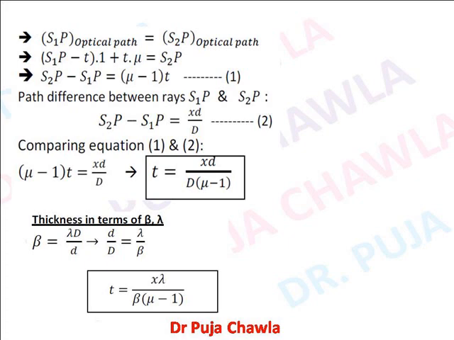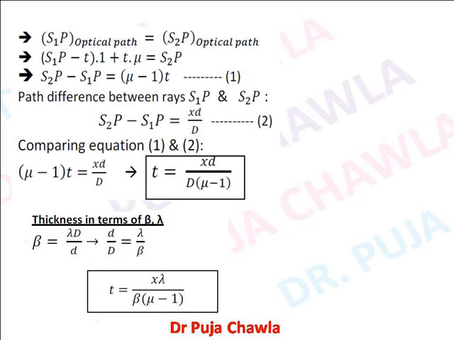Now if you remember, what was P when no film was present? P was the position of the nth bright fringe, that is, the path difference S2P minus S1P in that case was xd by capital D. The path difference formula is xd by capital D. Now if we equate equation number 1 and equation number 2, we will have mu minus 1 into t is equal to xd by capital D. From here small t comes out to be xd by capital D divided by mu minus 1.